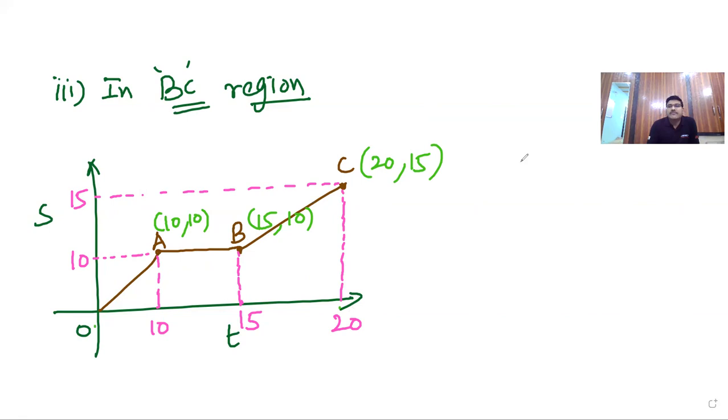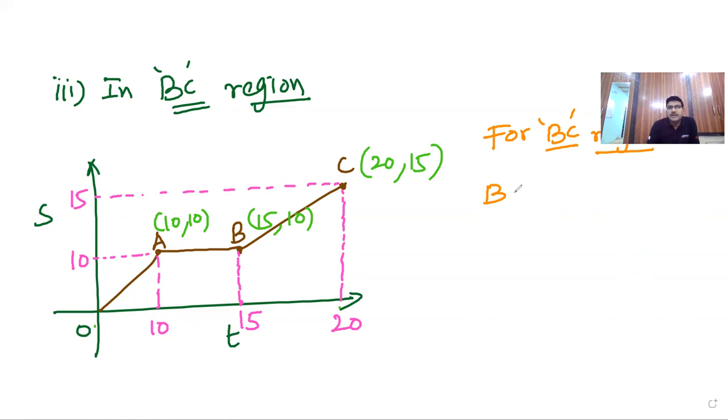Coordinates of B, here I highlight the coordinates for the BC region, clear?